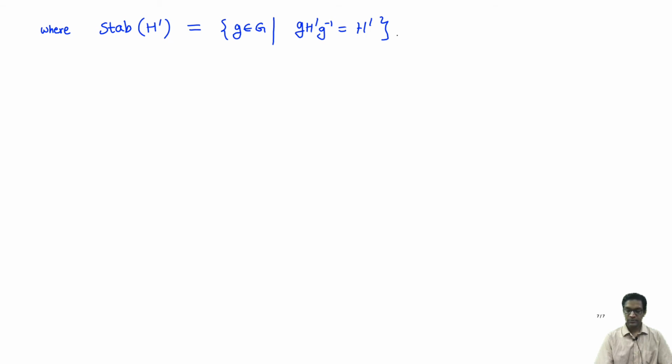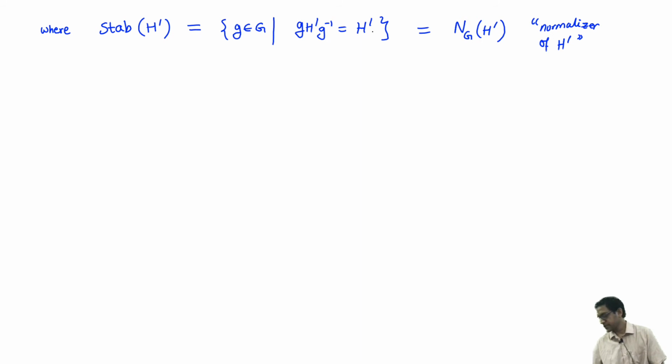So g H prime g inverse should equal H prime, and this is what we usually call the normalizer. So this has another name; this is sometimes called the normalizer of the subgroup H prime. In general, the normalizer of a subgroup is nothing but the stabilizer of that subgroup under the conjugation action. So we are talking about the normalizers in this case.